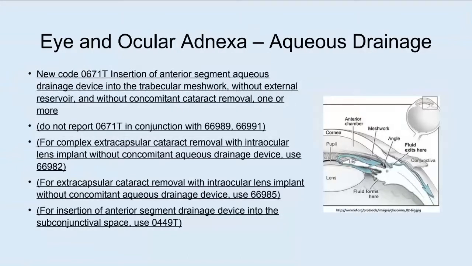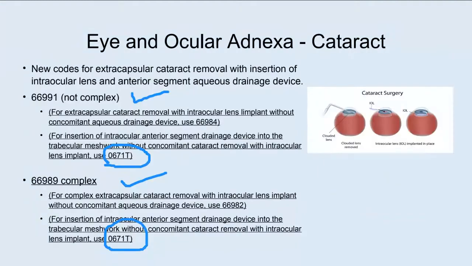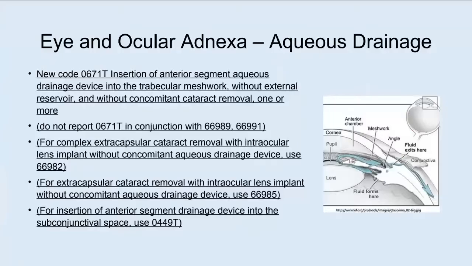So what is that category 3 code? Well, this is used for insertion of a drainage device into the trabecular meshwork without external reservoir, without the cataract removal. And this one is when it's only the drainage device and not the cataract procedure that's done. So it says specifically, don't use this code if they've also done a cataract procedure.